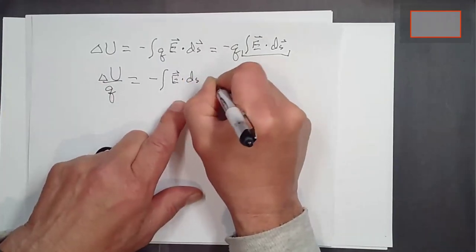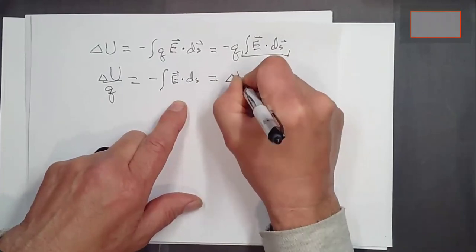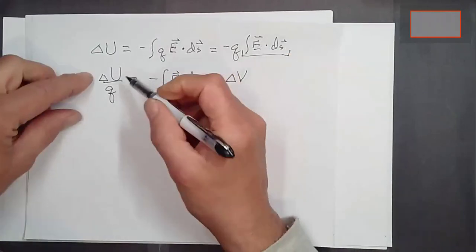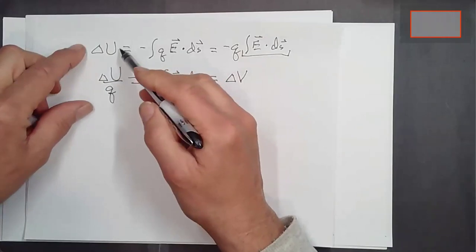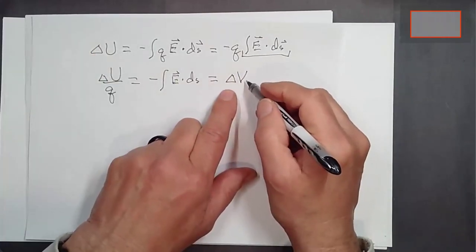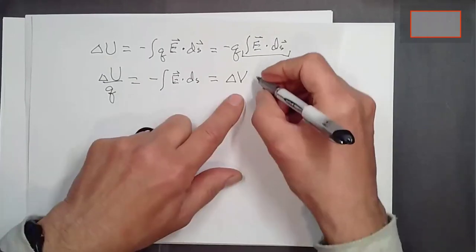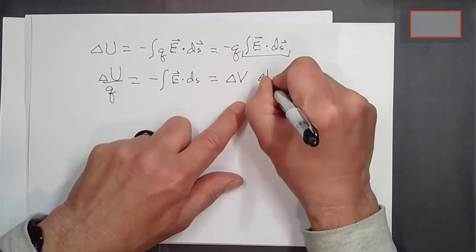And we're going to define this to be the, now be careful with this. This would be electric potential energy, the delta U. This we call electric potential. And it can be confusing.